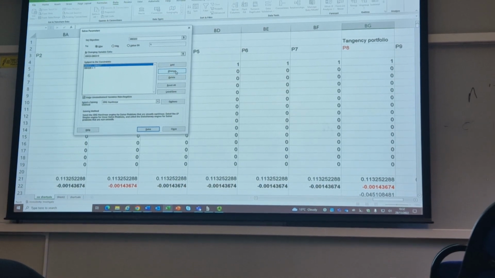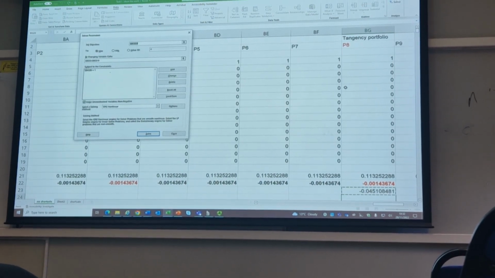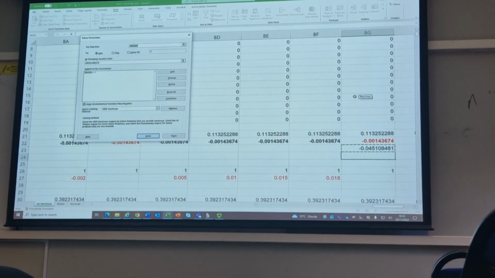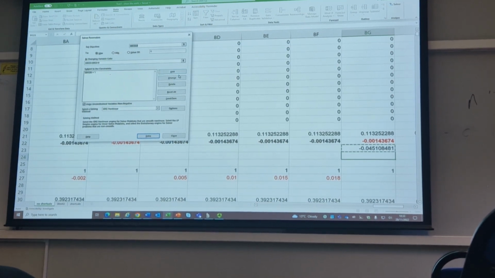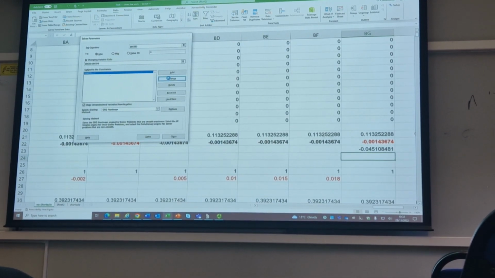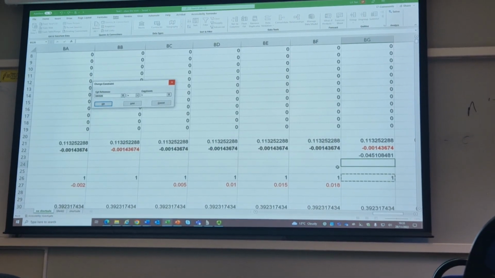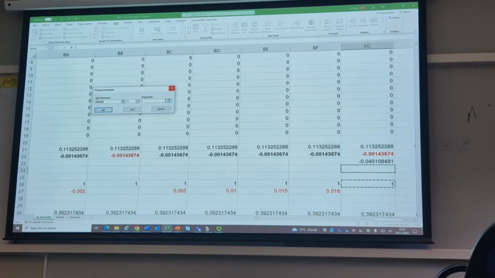And then we set constraints. The constraints for the tangency portfolio with short sales not allowed are basically two constraints. One is that the sum of weights equals 1. So we click the cell of the sum of weights of this portfolio, and make it equal to 1.